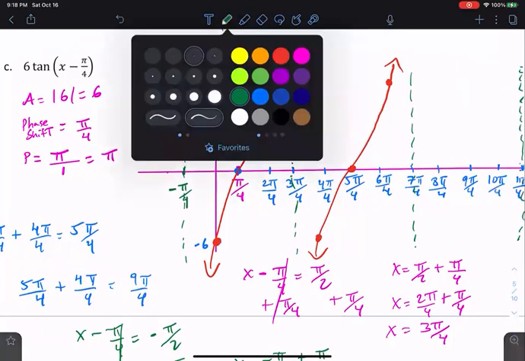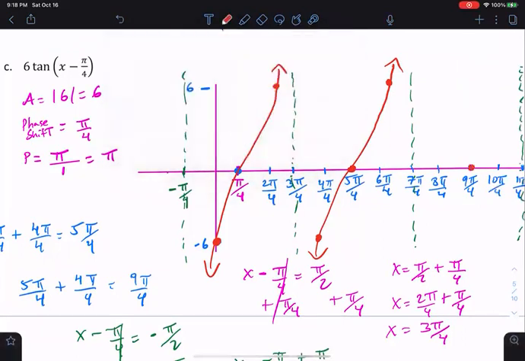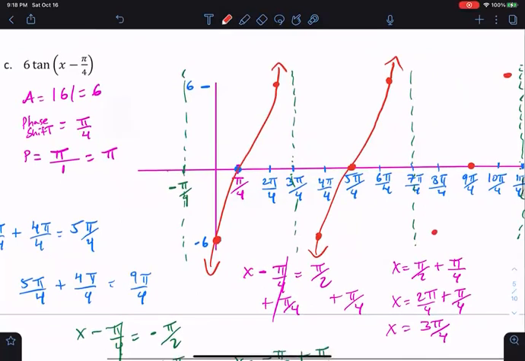And now you graph it, right? Same thing. Here, here, and here. And you get the picture of this thing. So that's the graph, right?